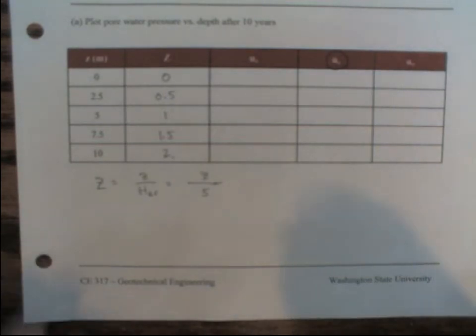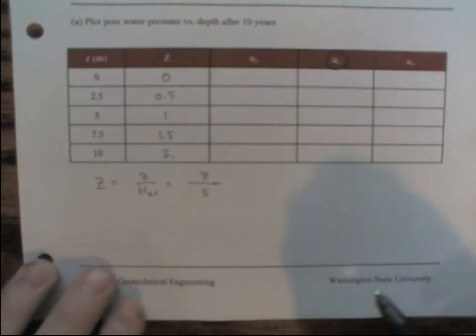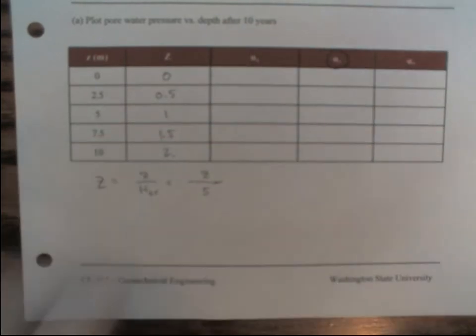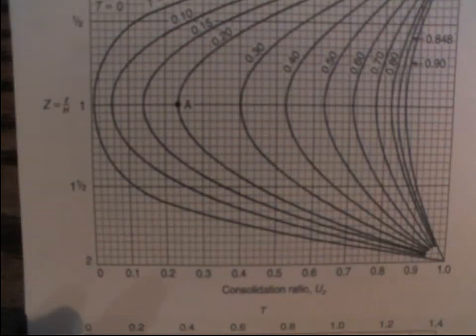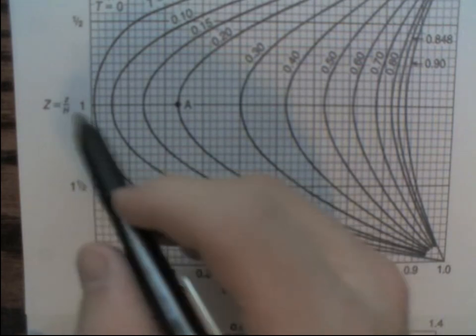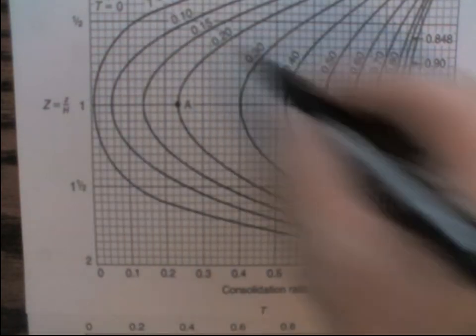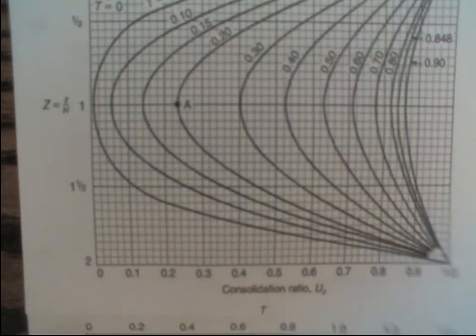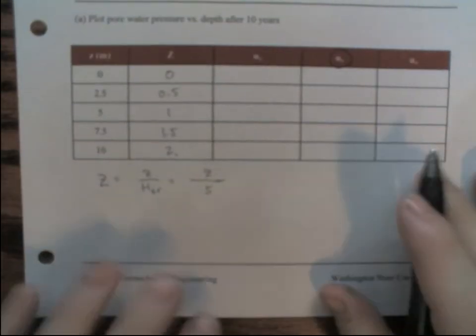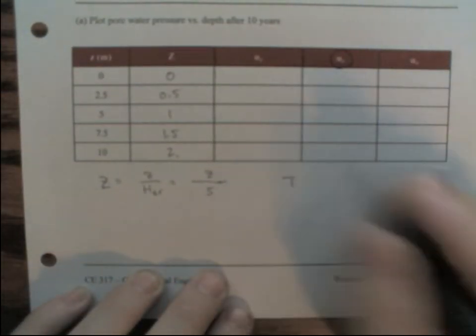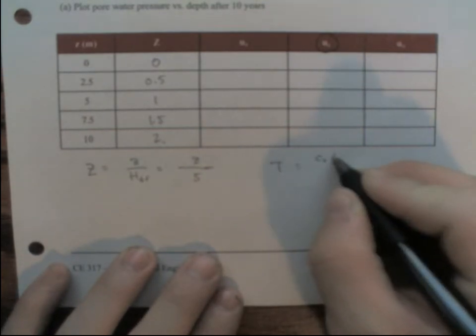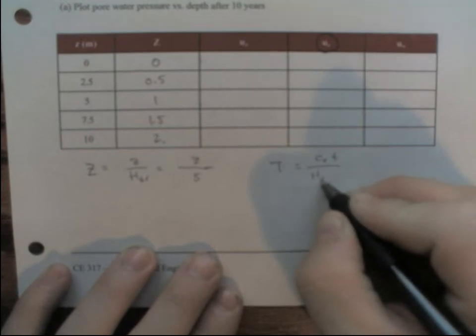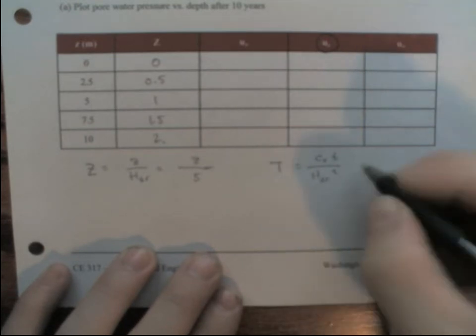Now, based on that, we want to find what our Uz is. Uz is the consolidation ratio. We have the different heights there, but we don't exactly know what time factor we have. So the next step is to find this time factor. The equation for that is T is equal to Cv times t all over HDR squared.